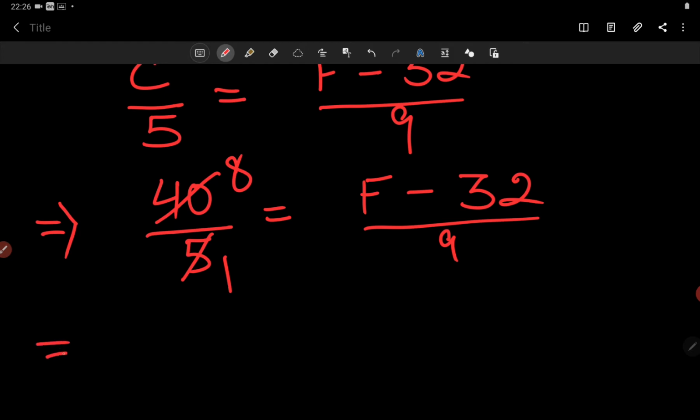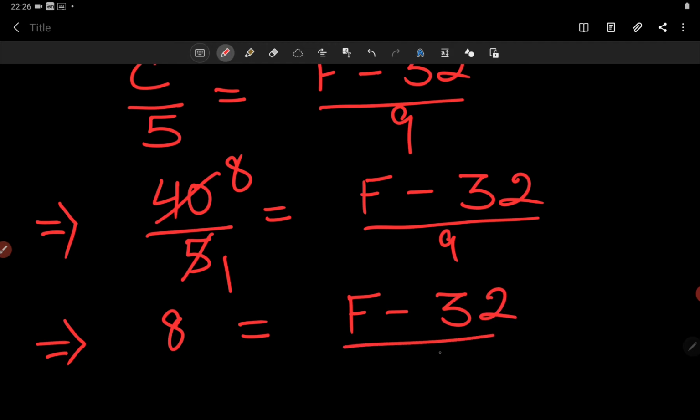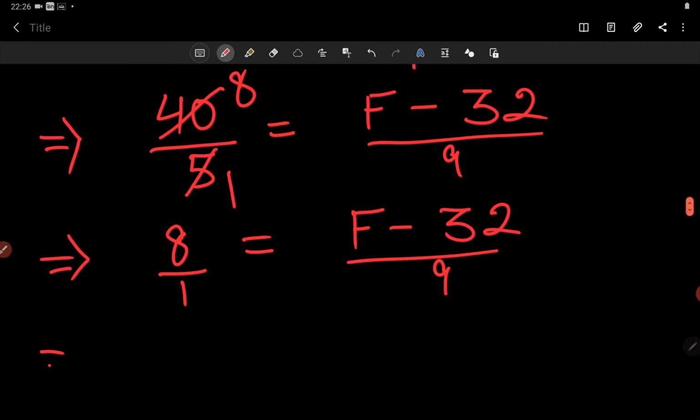Now we are getting 8 equals F minus 32 over 9. I can write 1 in the denominator as well. So now we can do the cross multiplication.